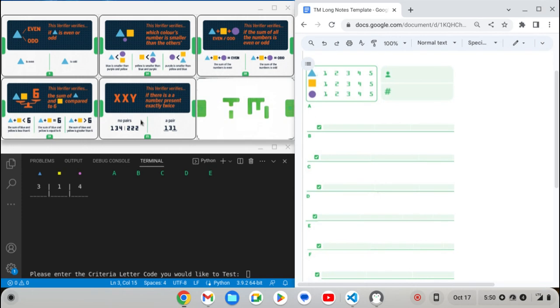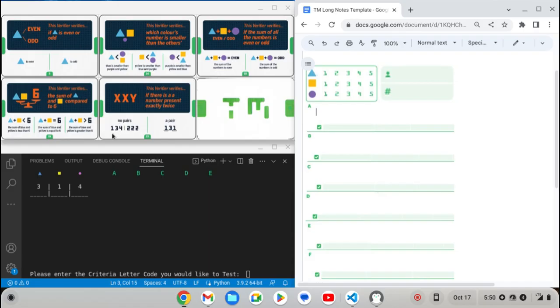And finally, criteria card E will take a look at our 3-digit solution, and it'll let us know a little bit about its structure, so to speak. One case is where the solution has a pair of digits, as in the example 131. Alternatively, the solution might not have a pair at all, but there are 2 scenarios.